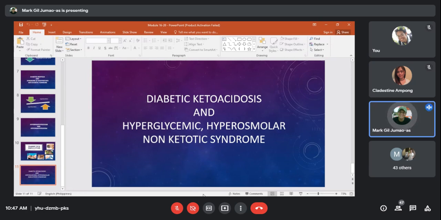With a prevention of that one is that insulin therapy is really in need for a patient. So ketoacidosis, it means that there are already ketones. Okay, ketones came from the glucose. So once the glucose will not be properly converted into glucagon, that glucose will turn into ketones.